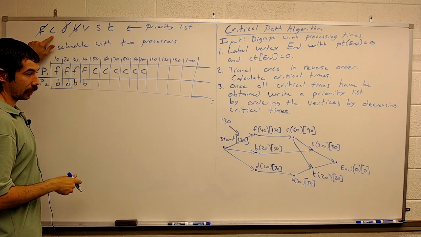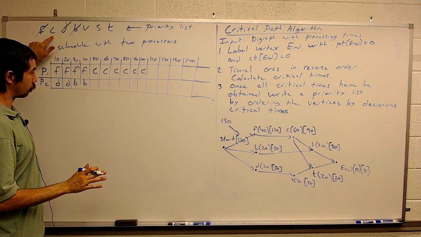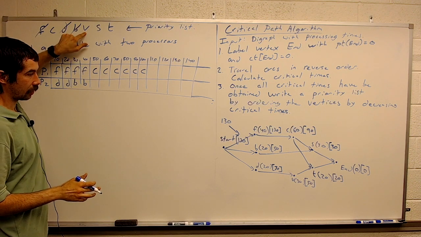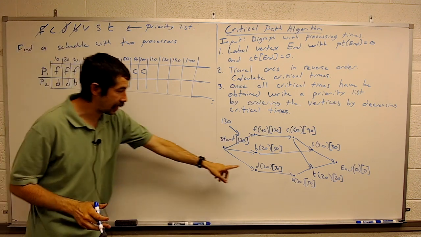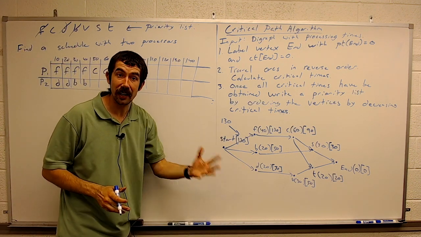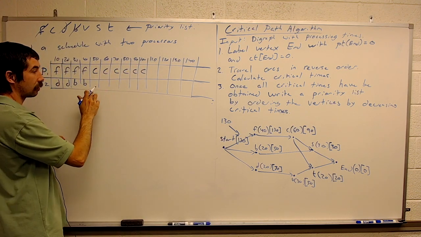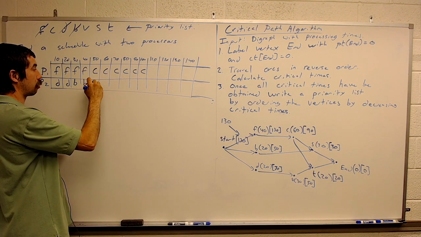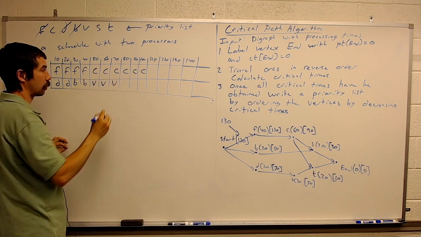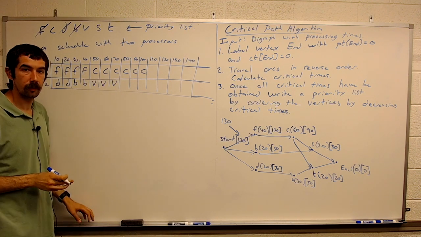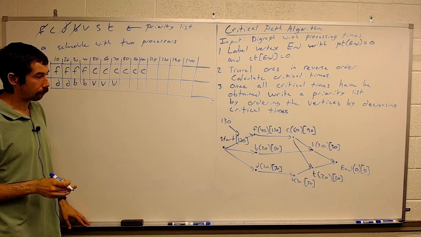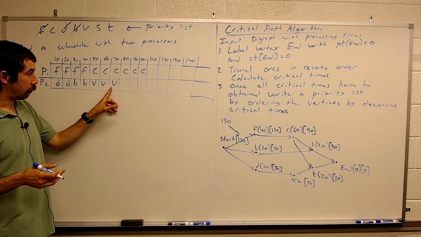C is already being done, so we're not doing that. What about V? V needed D to be completed, and it's been completed. So we will assign V to processor number 2. Okay. V is now done.